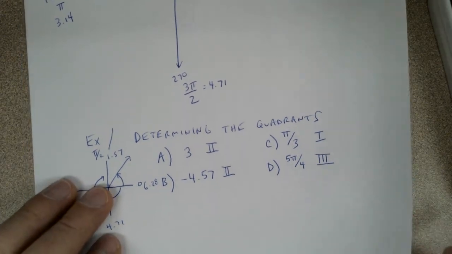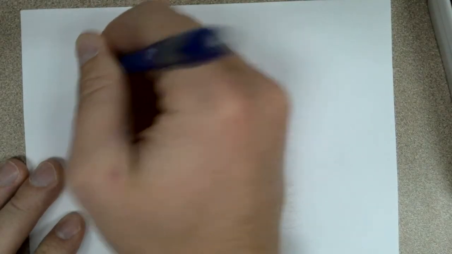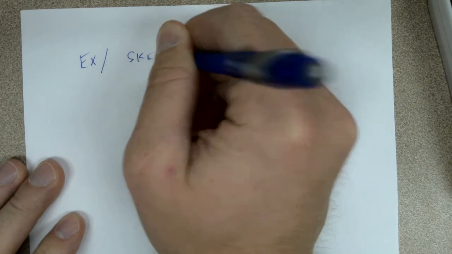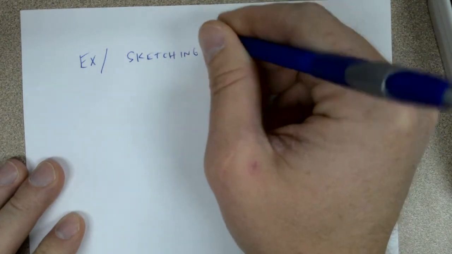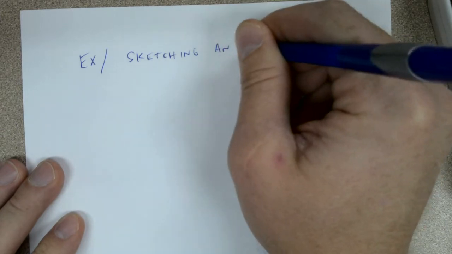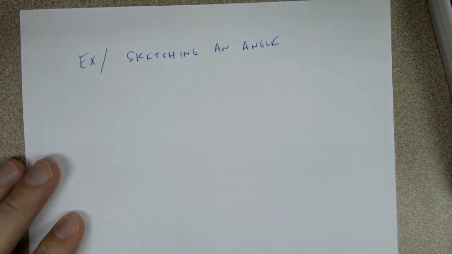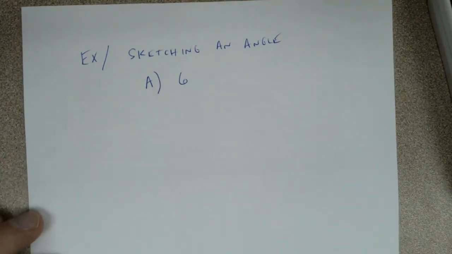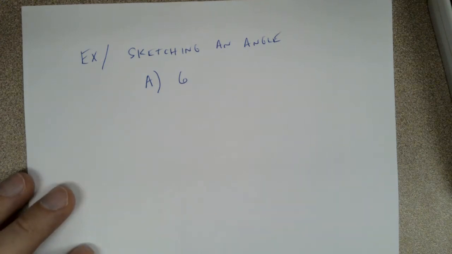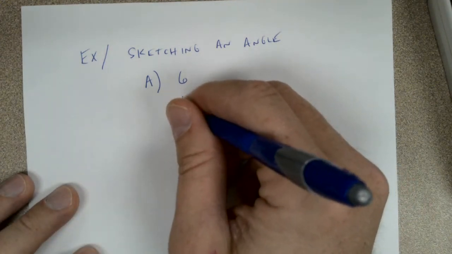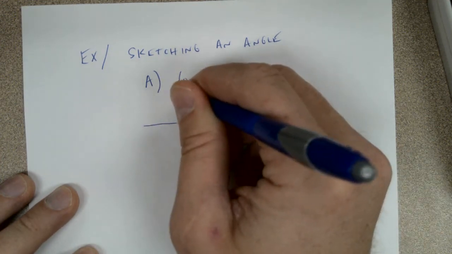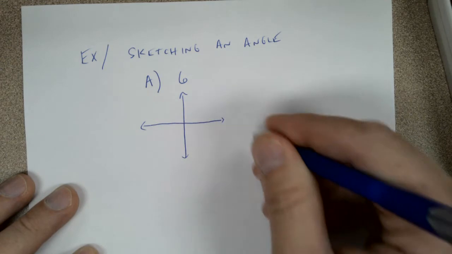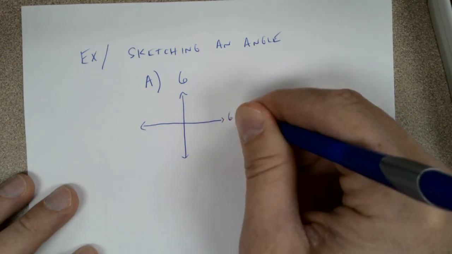Let's look at a couple where we're just simply sketching the angle. And again, we're going to sketch the angle in standard form. So let's say we want to sketch a radian of 6. So we know that it's 6.28 all the way around.